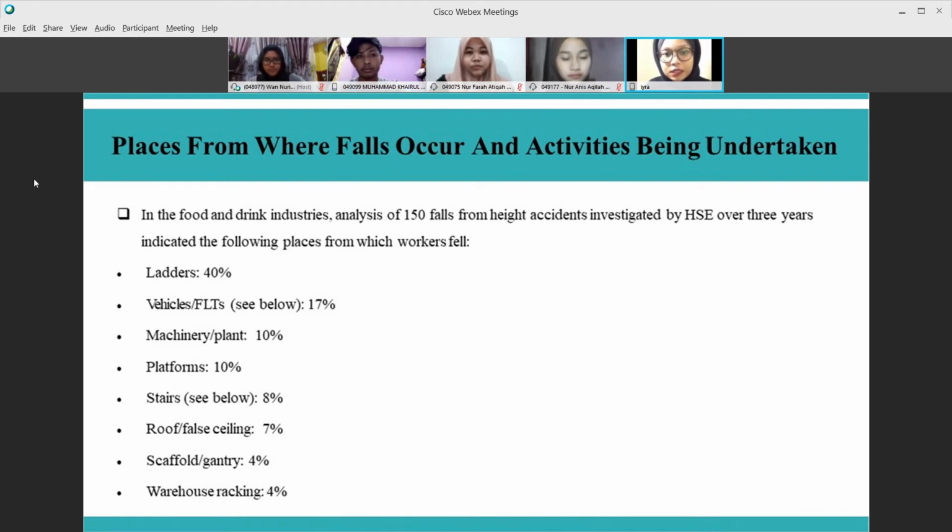There is 8, which is ladders 40%, vehicles, FLT, and so on 17%, machinery or plant 10%, platform 10%, stairs 8%, and roof or false ceiling 7%, scaffold, gantry 4%, and warehouse racking 4%.